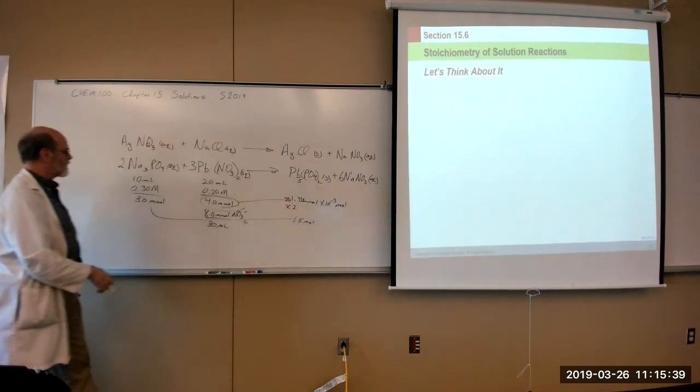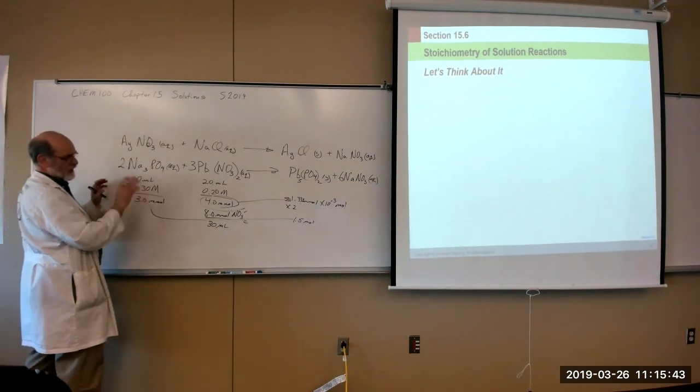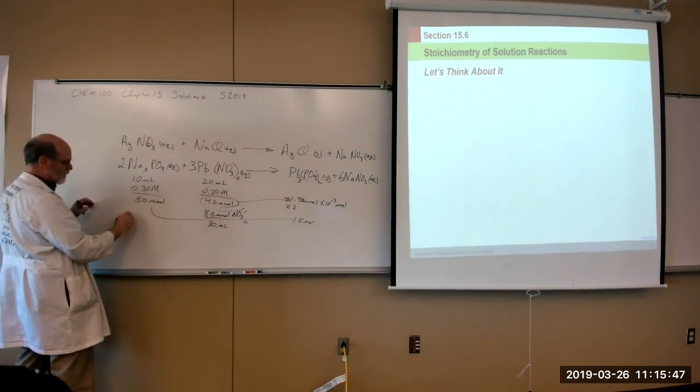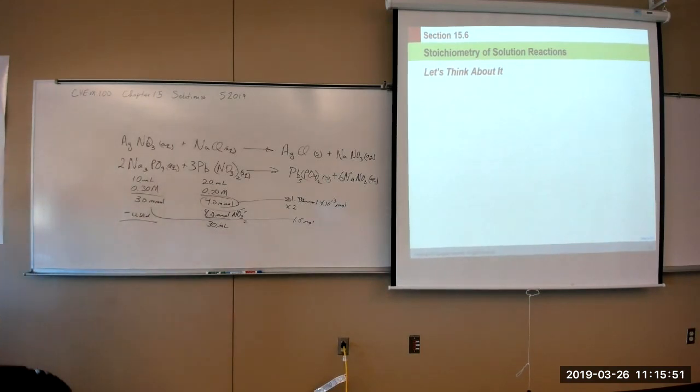And then you come back over here and say, if you got that many moles of phosphate ions used, then you subtract the used from what you started with, and that's what you got left over. Okay? So you can go lots of different places with this information, and that's just cannon fodder.